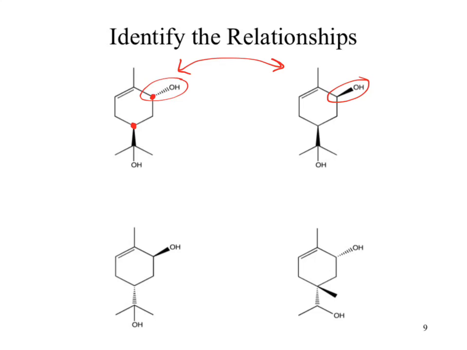Are those mirror images of each other? Yes. So those two are mirror images of each other, which suggests that at that position, only that position, we could potentially be looking at enantiomers.